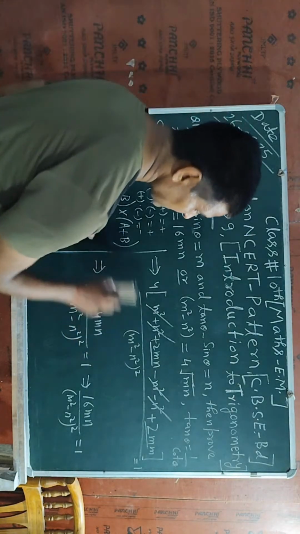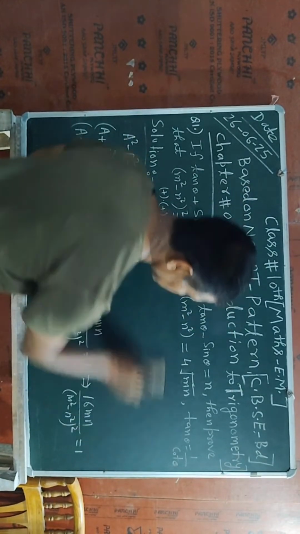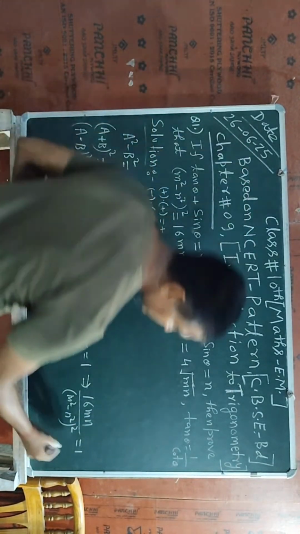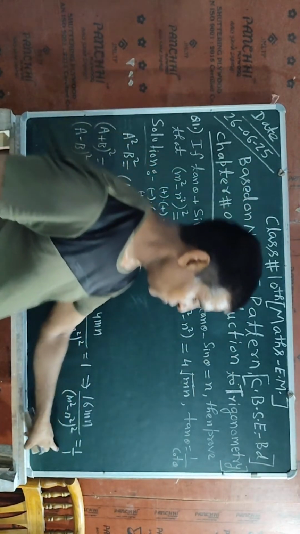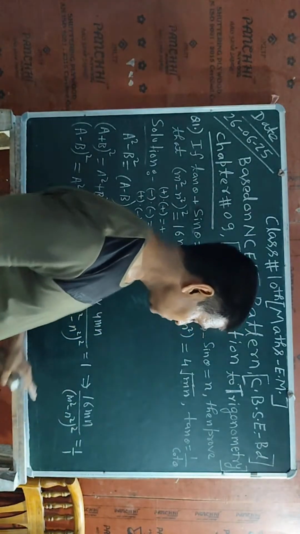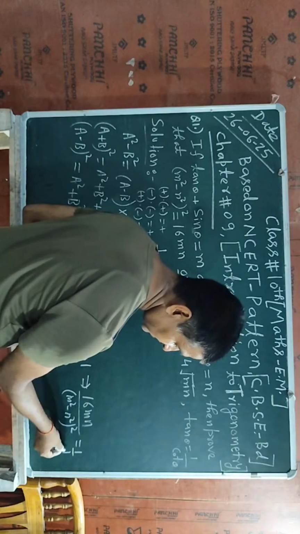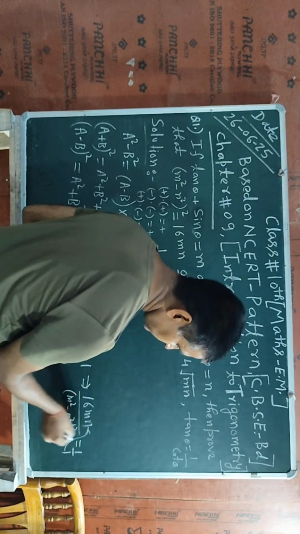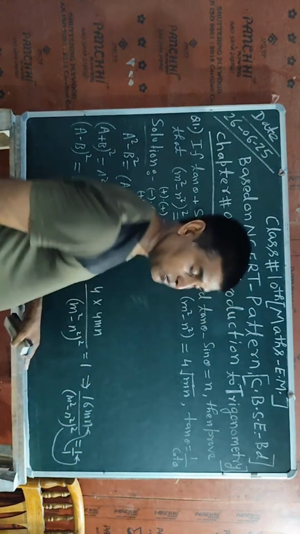Okay, now further I am going to erase above data. After erasing above data I will simplify below data. Now in the place of 1 divided by 1 I can write 1 divided by 1, that will be 1. Then I can write 1 divided by 1 because here I want to multiply with this one and also with this one because here I am going to do cross multiplication.